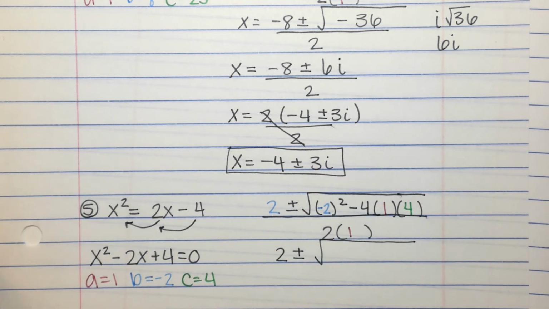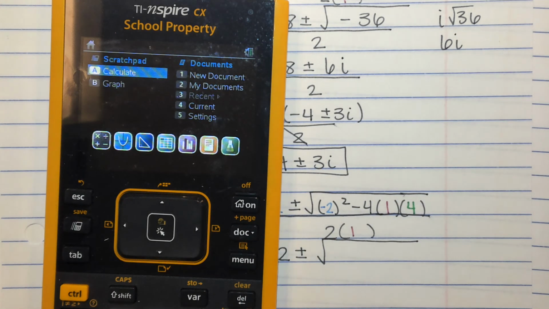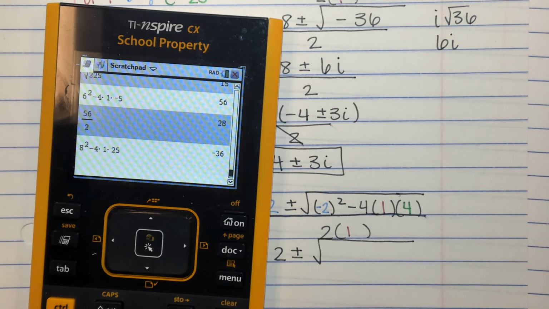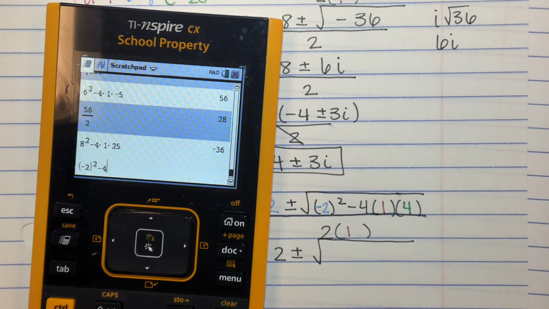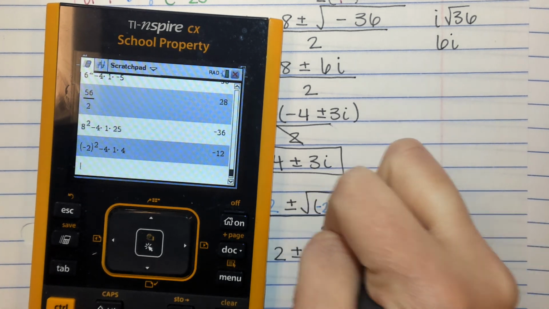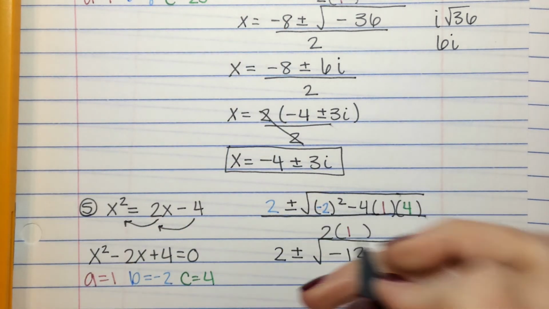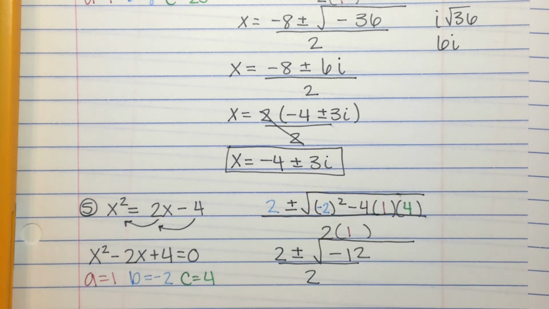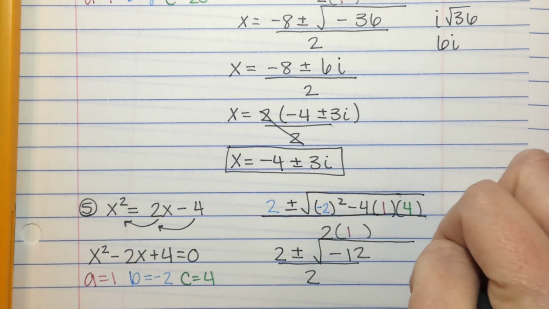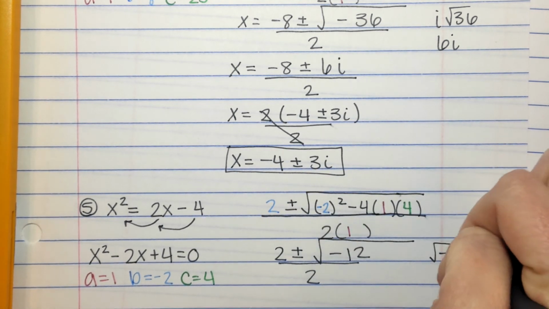And again, we can grab our calculator. So parentheses, negative 2 squared minus 4 times 1 times 4. That gives me negative 12, all over 2.